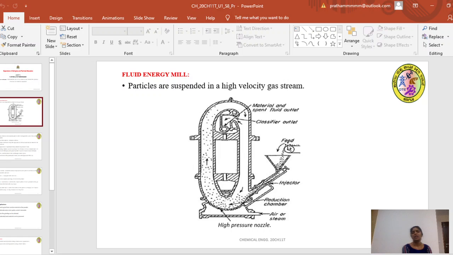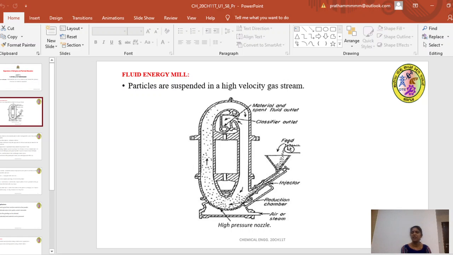Practicing the diagrams in this unit, the particulate technology subject, especially unit 1 about the ball mill, gyratory mill, tube mill, rod mill, and roller mills, is very important. If you thoroughly know the sketch, then you can easily write the construction part and the working part of the particular size reduction equipment.